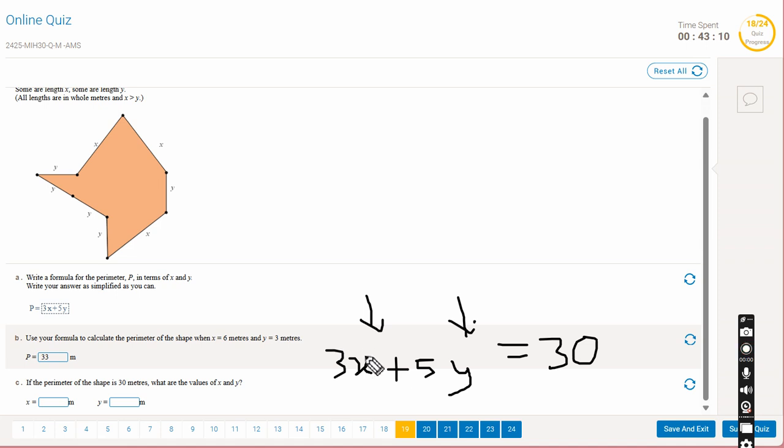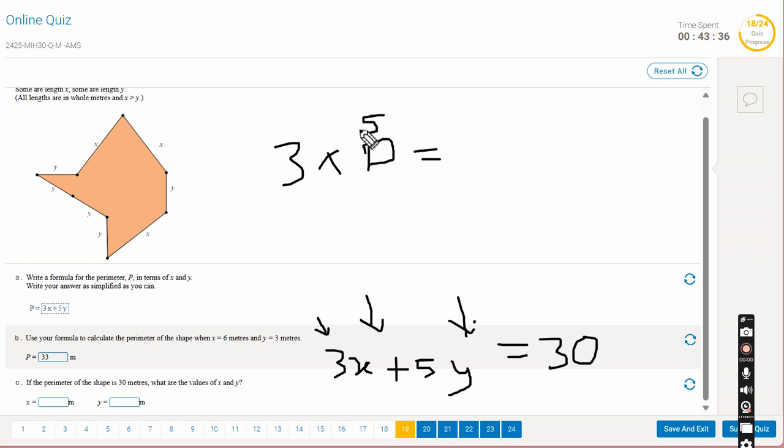So whatever you multiply with x is going to be in the multiplication table of 3, and the number you multiply with y is going to be in the multiplication table of 5. So that gives you a hint. Now 3 multiplied by the box, which is your x, has to be less than 30, so it means that's going to be less than 10.